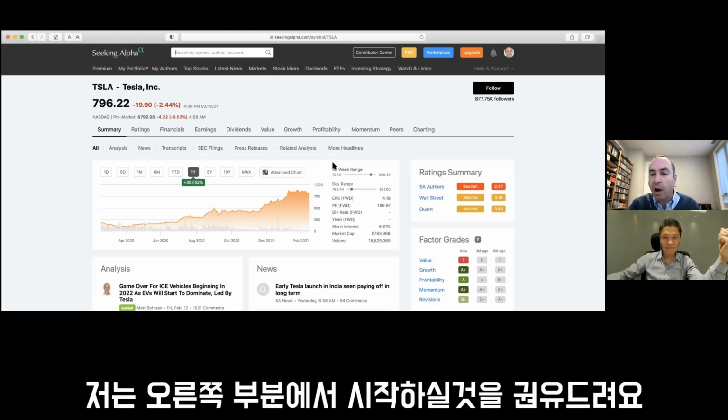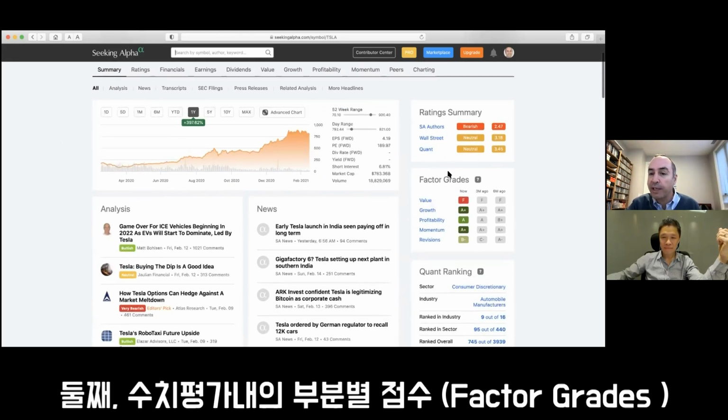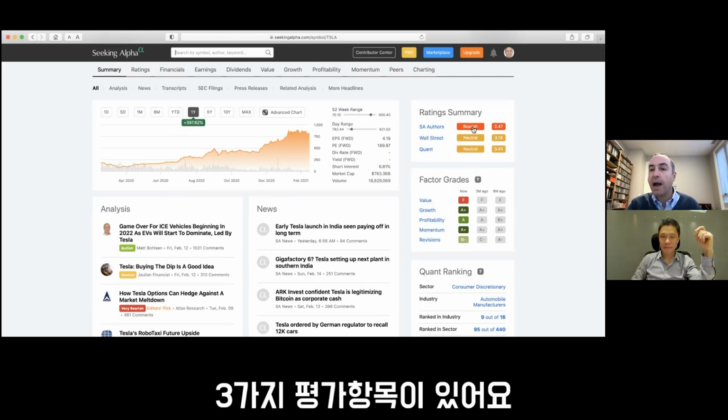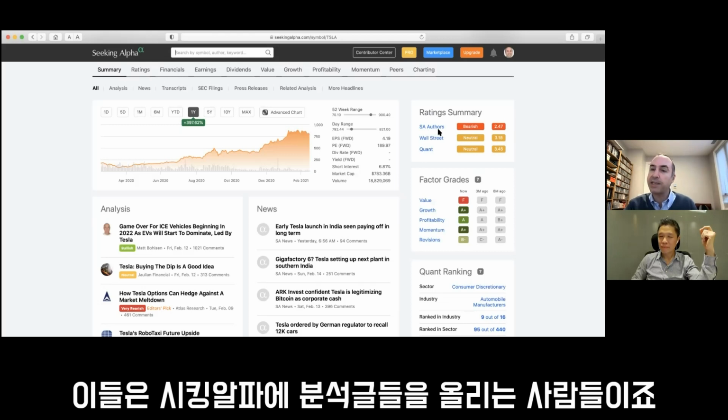Where I would start is here in the right-hand column, which are these 3 boxes: the ratings summary, the factor grades, and the quant rating. The rating summary summarizes what people think about the stock. And there are 3 ratings. The first is the rating by Seeking Alpha authors. They're people who write articles on Seeking Alpha.